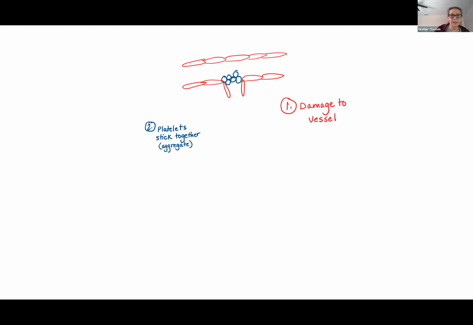Once they aggregate, it causes them to release chemicals. So the platelets are going to start releasing ADP, which is adenosine diphosphate, not to be confused with adenosine triphosphate, but it is similar.